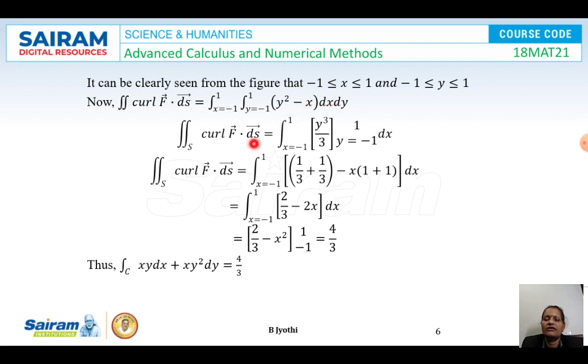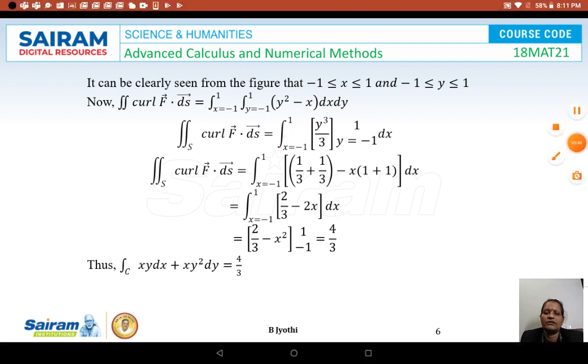That is, first we will be integrating with respect to y. Here the order has to be interchanged, because this has to be y and this has to be x. So when we interchange this and integrate, what we get is y cube by 3 minus xy, from y equal to minus 1 to plus 1.